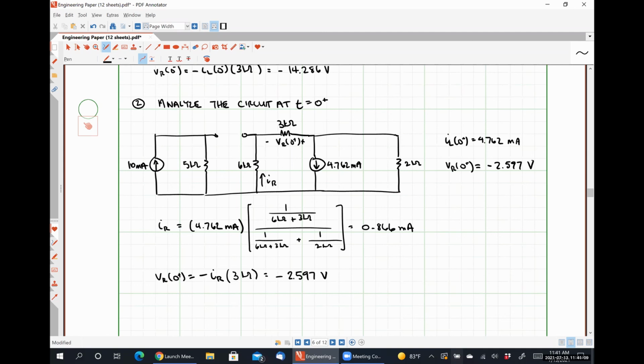So now we are at the point where we're going to throw stuff into our generic equation, assuming there are no questions regarding the circuit analysis that was done at t equals 0 plus.